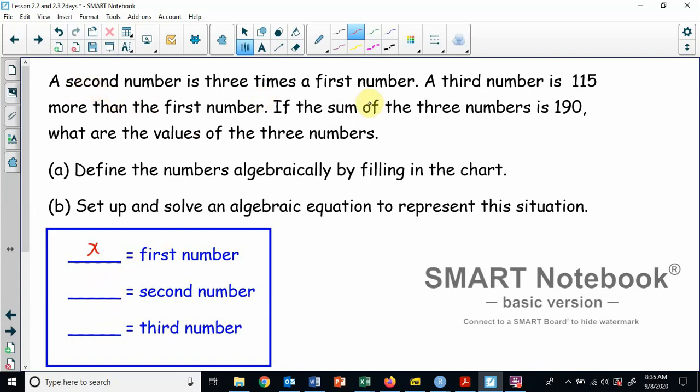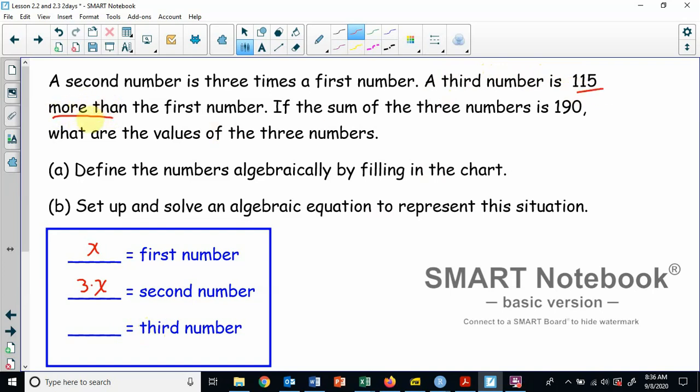So let's read just the first sentence, ignore everything else. The second number is 3 times the first number. Well, do I know what the first number is? No, what are we calling it? X, so 3 times the first number. So that's actually pretty easy. Let's see if we can define the third number. A third number is 115 more than.